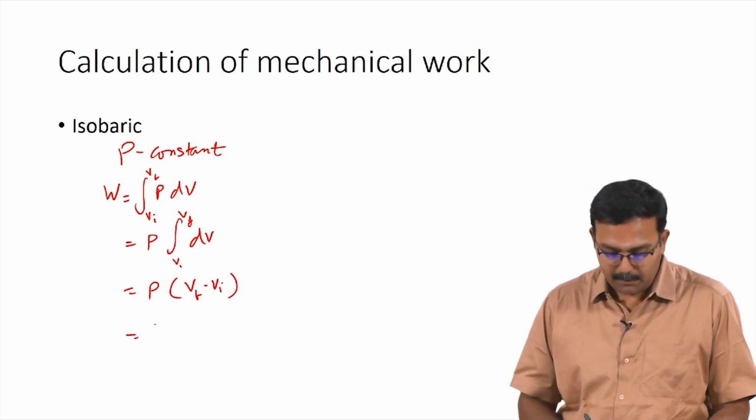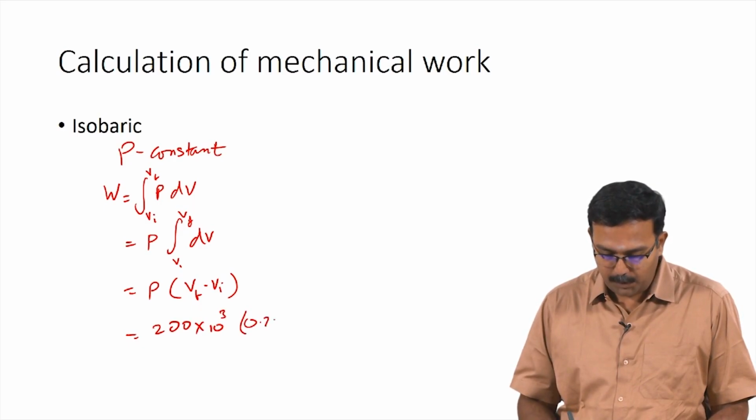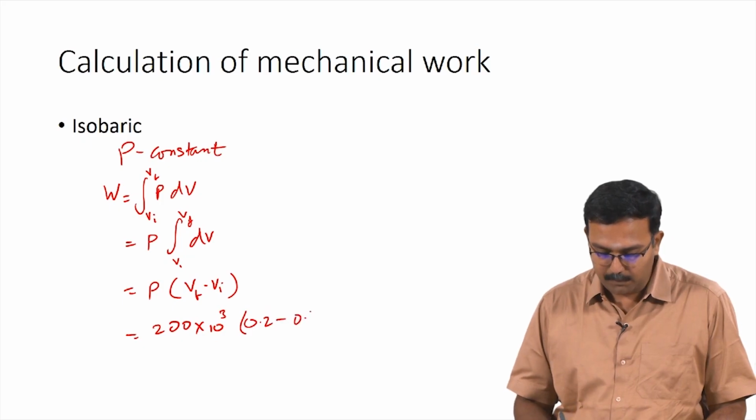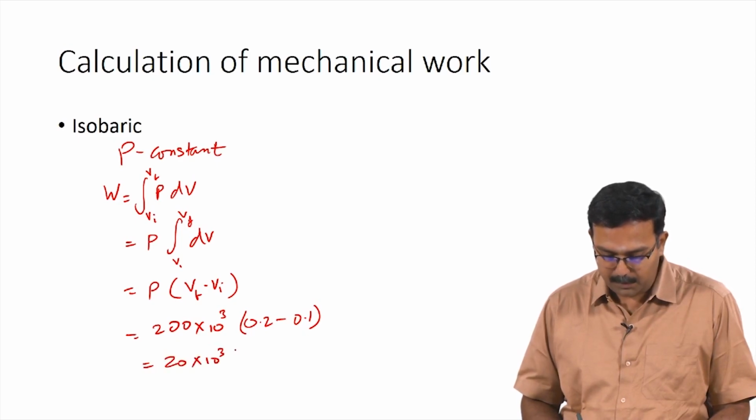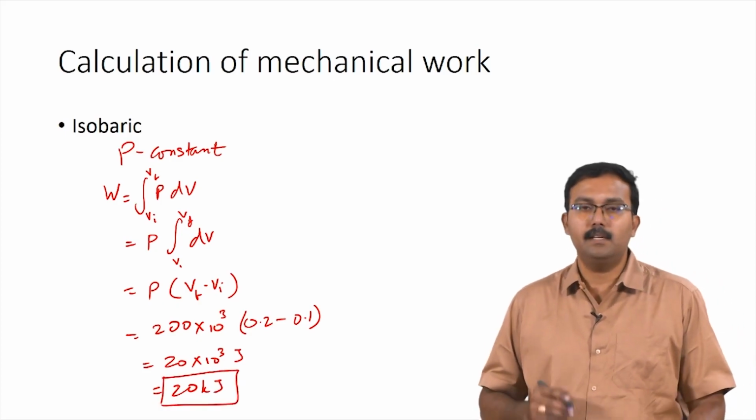The problem statement gives us that the pressure is 200 kilopascals and the final volume is 0.2 and the initial volume is 0.1 meter cube. So, solving this, you would get 20 times 10 power 3 joules, which is equal to 20 kilojoules. So, 20 kilojoules is the work that is done.